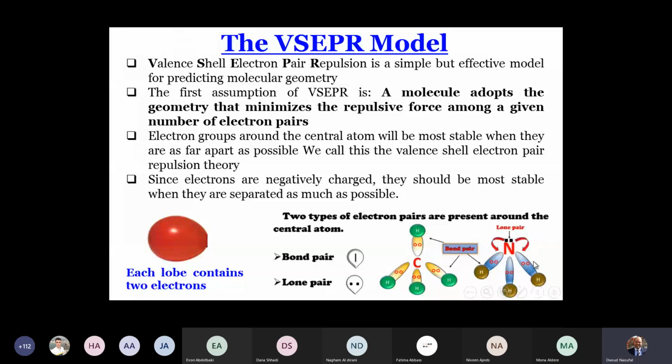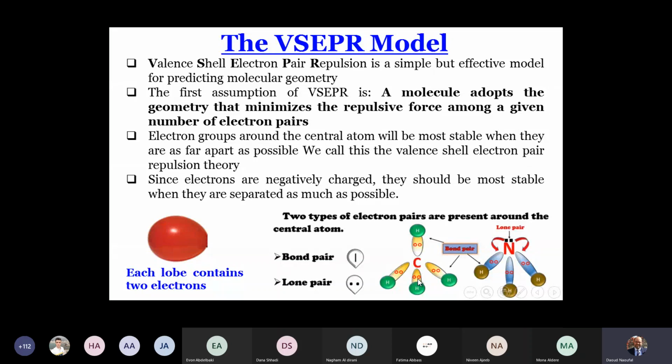But pay attention, in this EP equal to 4, we have 3 NBP, 3 non-bonding pairs, and we have 1 BP, 1 bonding pair.